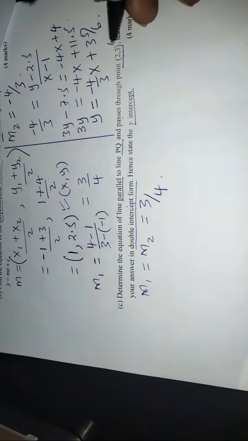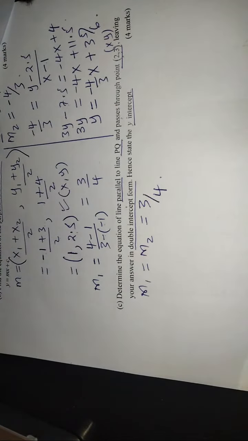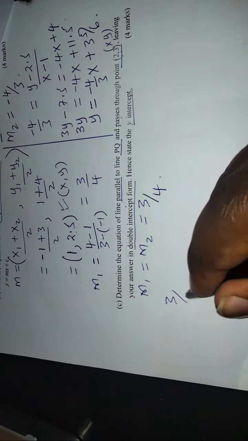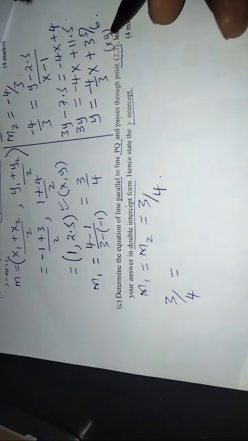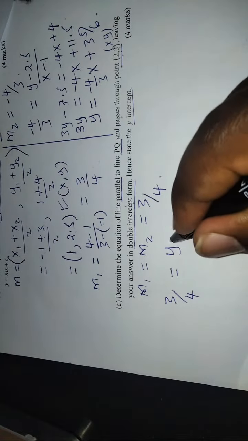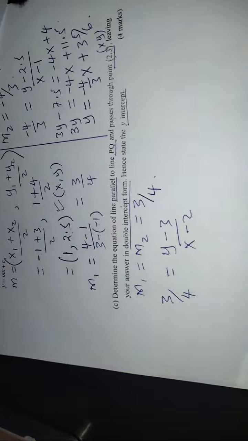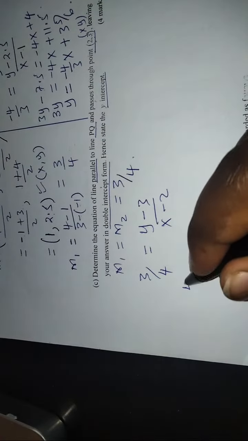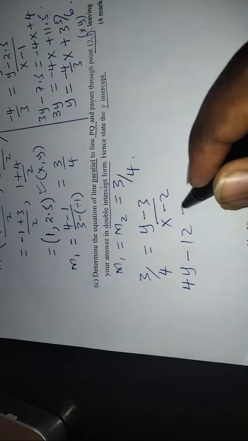So we need another point (x, y). Therefore, 3 out of 4 equals change in y, y minus 3, out of x minus 2. We can now cross multiply. This will give us 4y minus 12 equals 3x minus 6.